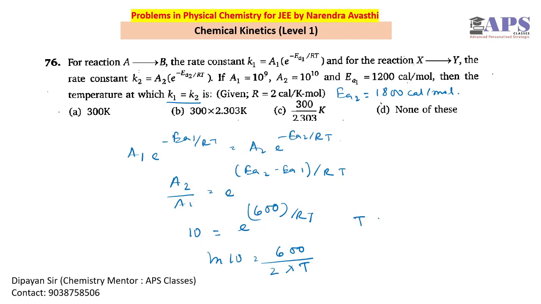T is nothing but 600 divided by 2 multiplied by ln 10, and it comes to be 302.303 Kelvin. So option C will be the correct option.